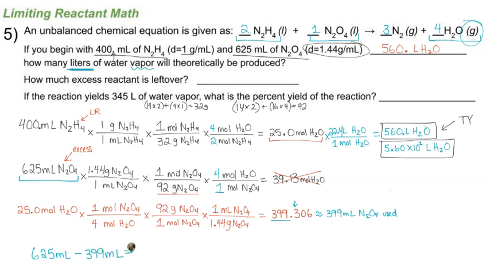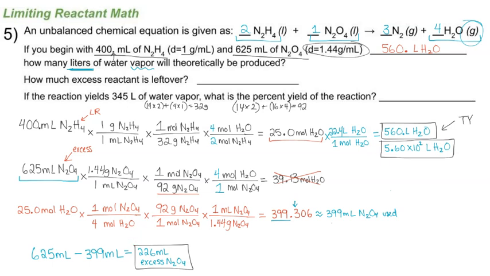Notice that neither of these has decimal places, so our answer should be rounded to a whole number at the end. 625 minus 399 gives me 226 milliliters of excess N2O4. So we will box that answer in as well. That's our second answer, and we'll go and fill it in at the top.